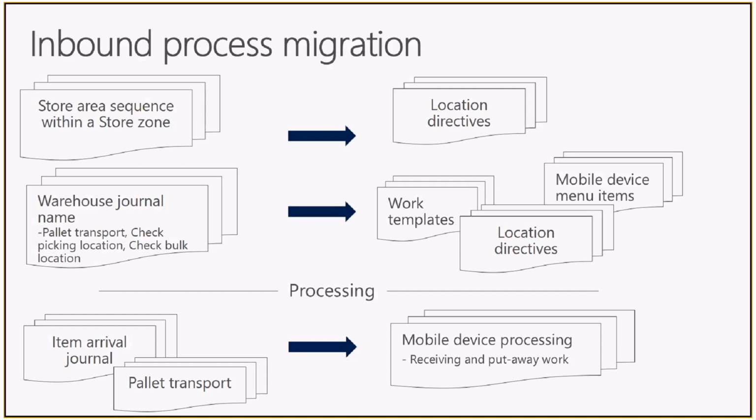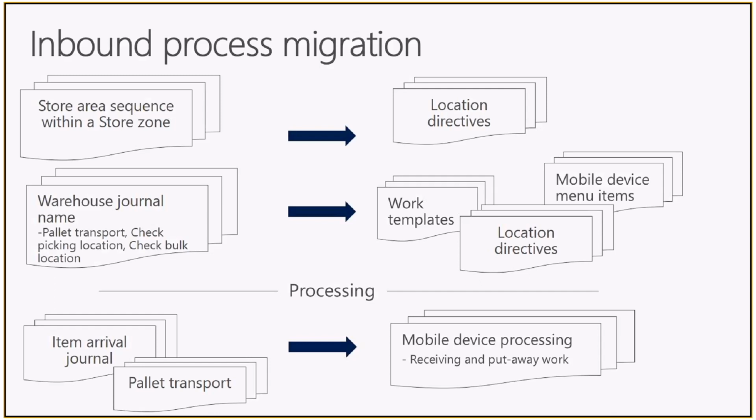The decisions about how that work should look are defined by work templates. Where to put away inventory is defined by the location directives. And the mobile device menu items decide how the operator should experience this process.